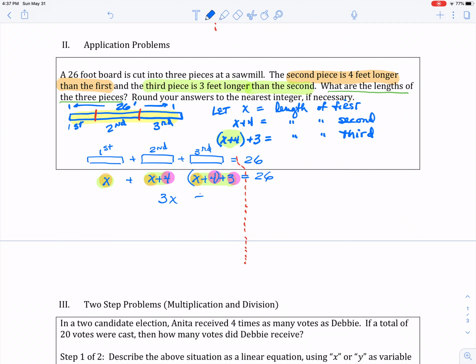Let's see what that's going to be, 11. Copy down the equals, copy down the 26. So all I've done on the left-hand side is just pick up the like terms and combine them so that I've compressed this equation and made it simpler. All right, so I can see now that my next step is to subtract 11 from both sides.